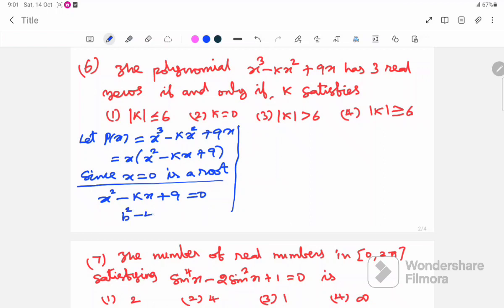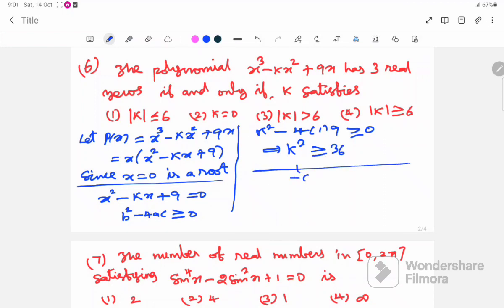Its discriminant is going to be taken as b square minus 4ac greater than or equal to 0, b equal to minus k, so k square will come minus 4, a is 1, c is 9, greater than or equal to 0, which implies k square greater than or equal to 36.